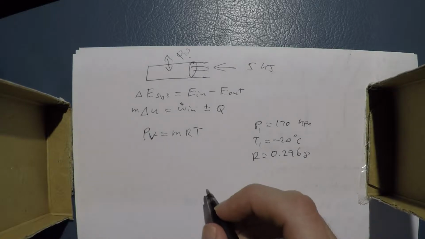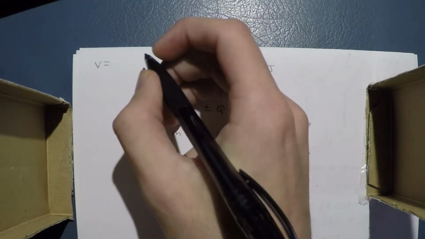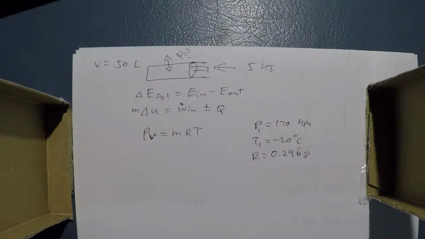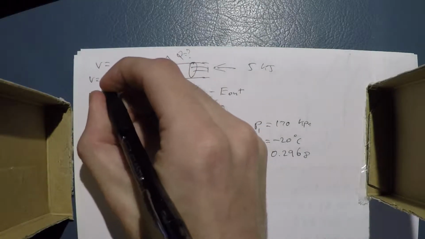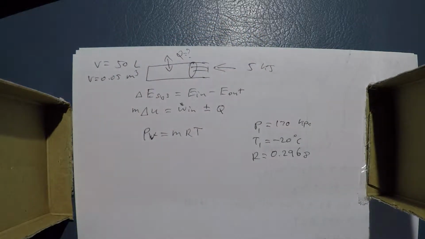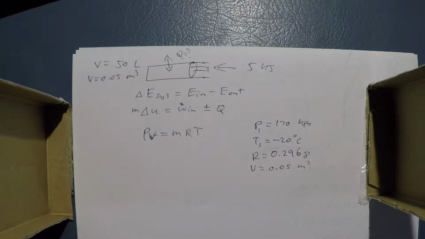Oh, and V. Now we're told that this is a 50 litre piston. So if I divide 50 litres by 1,000, I get 0.05 cubic meters. So we know that V is 0.05 cubic meters.